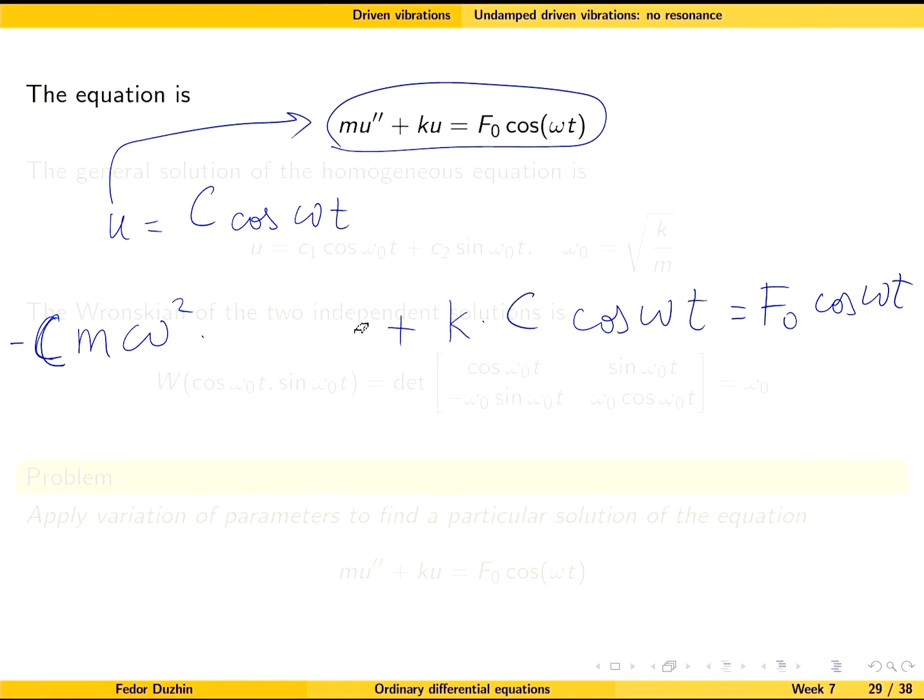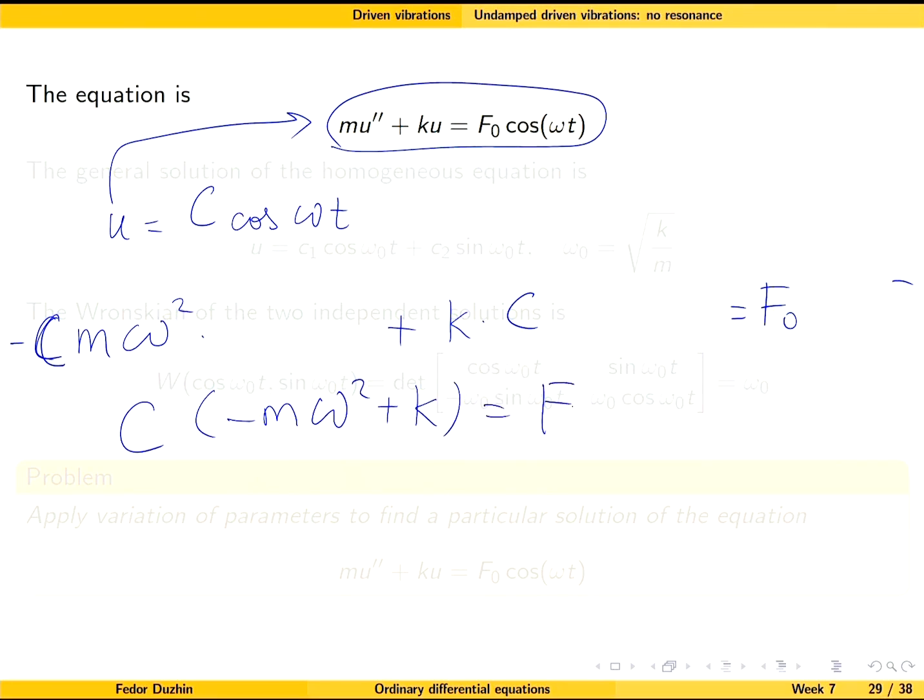Then cosine of omega t is going to cancel happily, and we can just solve for c. The left-hand side is c times minus m omega squared plus k, which equals f naught.